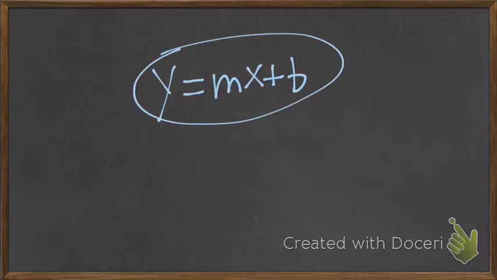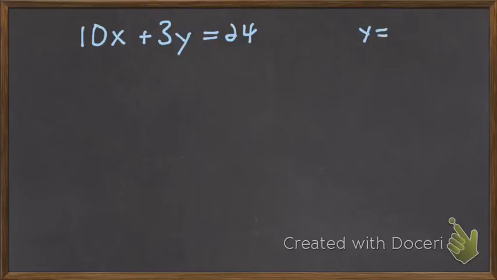Okay, so first example we're going to do, let's say you have 10x plus 3y equals 24. Now, we want it to be y equals mx plus b. What's the first reason you see that this is not in y equals mx plus b?